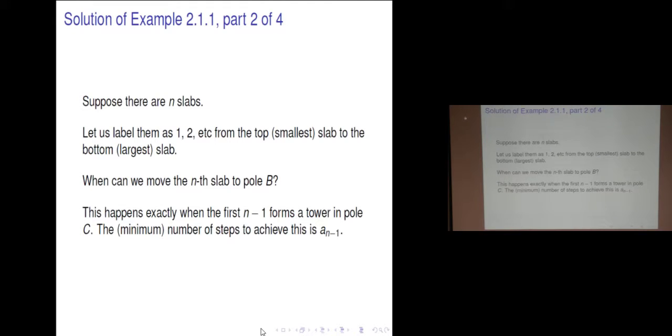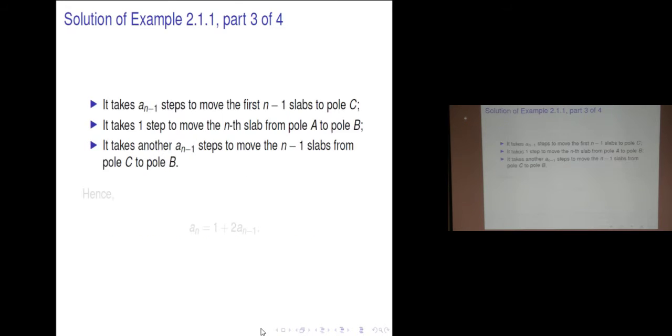Right? So the minimum number of steps to achieve this is A(n-1). You have to move the top n-1 slabs to another pole, so that takes A(n-1) steps.